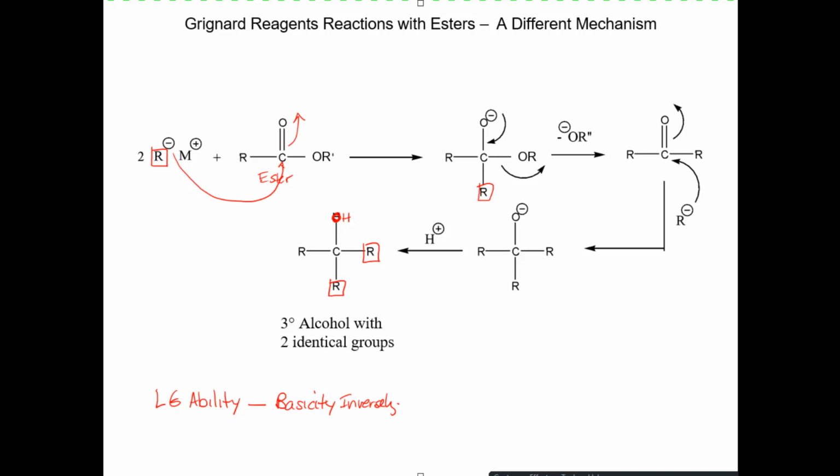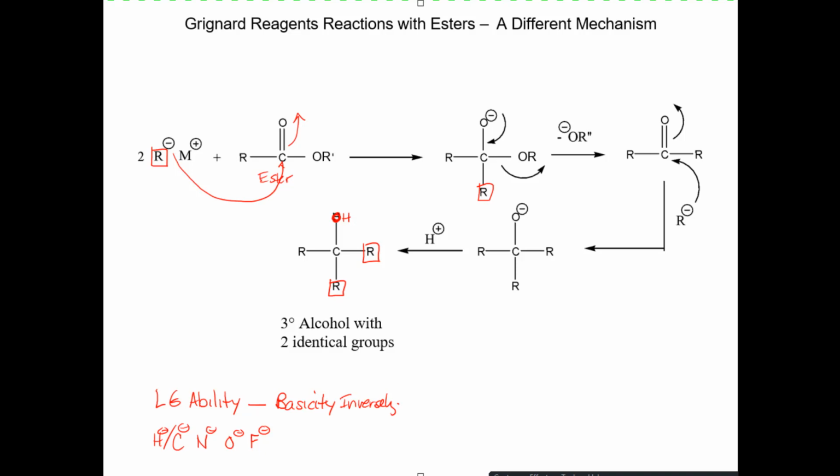Now, I'm setting the stage for the entire semester here. In our periodic table where we have C, N, O, F, C minus was our strongest base, and we're going to equate H minus with C minus. Then N minus, then O minus, then F minus. So which one of these is the strongest base? That's a review question, but the video will stop and you can go ahead and answer that.